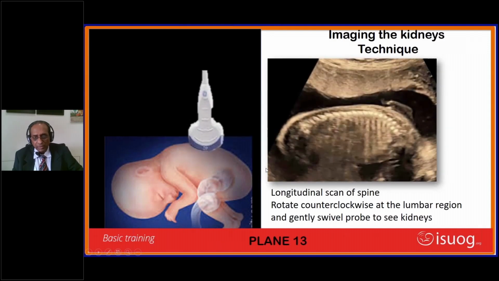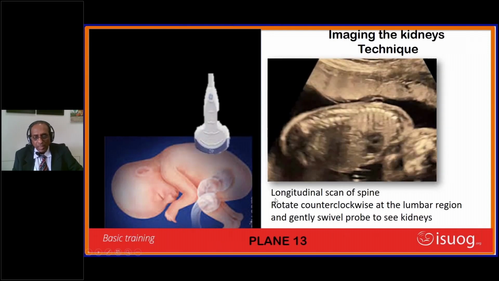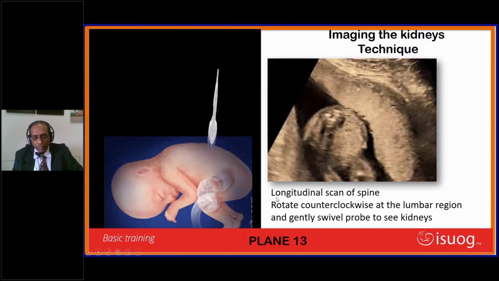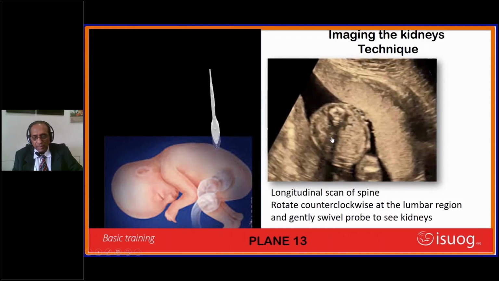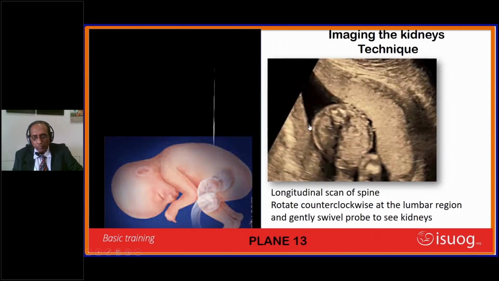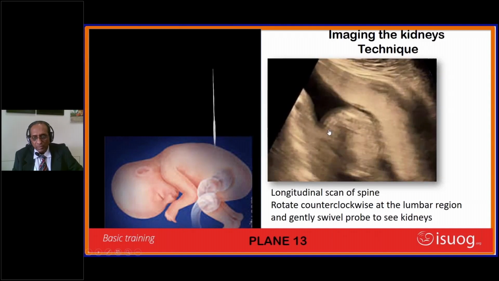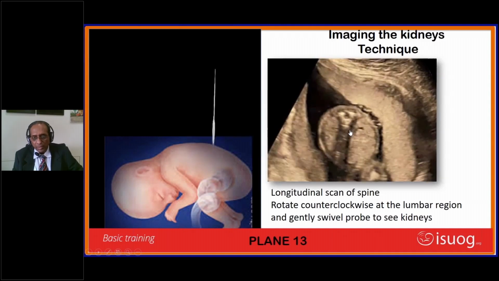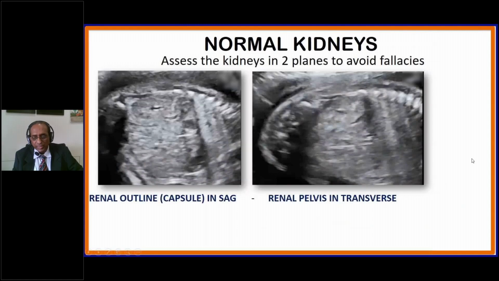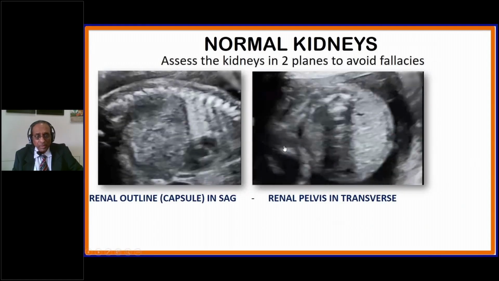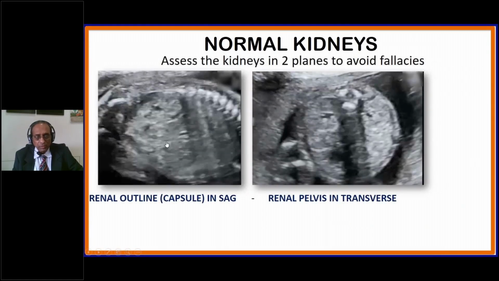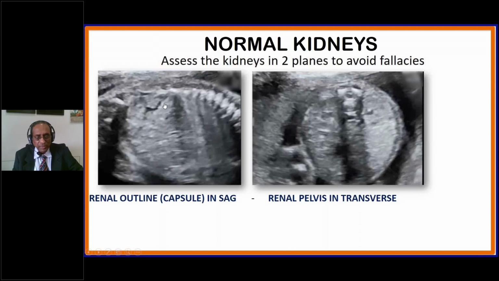Obviously, the fetus is in a spine anterior position, and then you rotate counterclockwise at the lumbar region and gently swivel the probe so that we can see both kidneys, which are identified by the small renal pelvis on both sides. Now, the kidneys are also assessed in two planes to avoid fallacies.